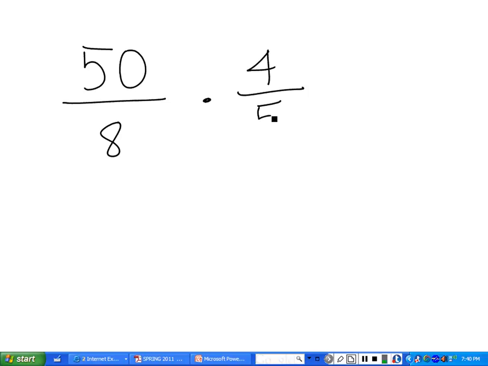What's so great about multiplying and dividing fractions is you don't have to figure out what the LCD is. All you're doing is multiplying, okay?